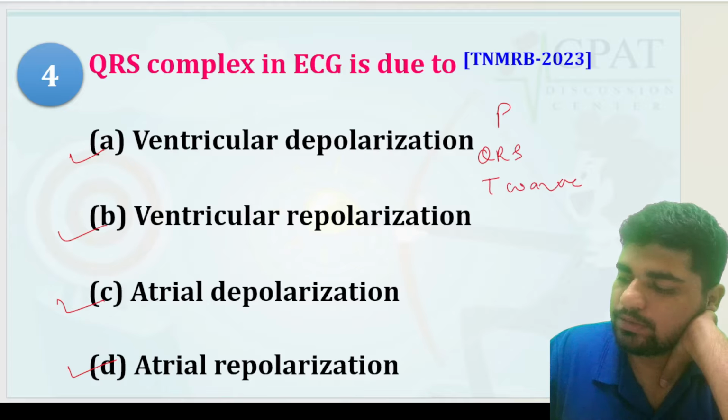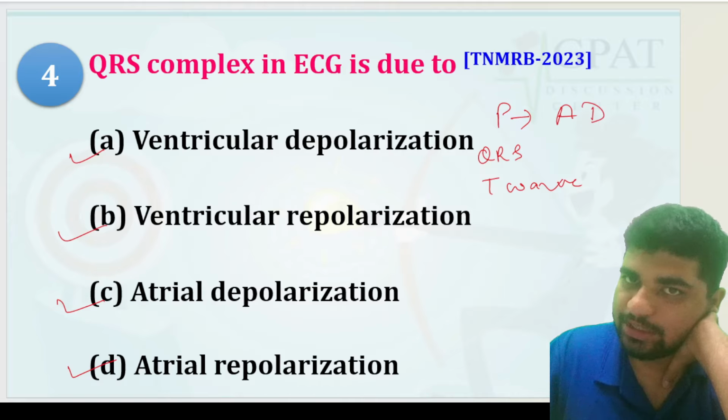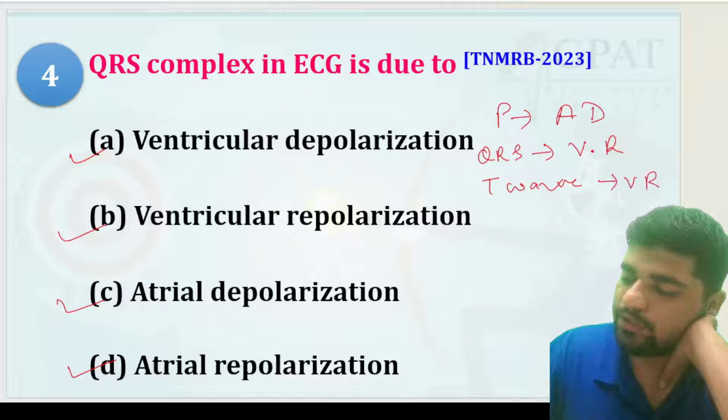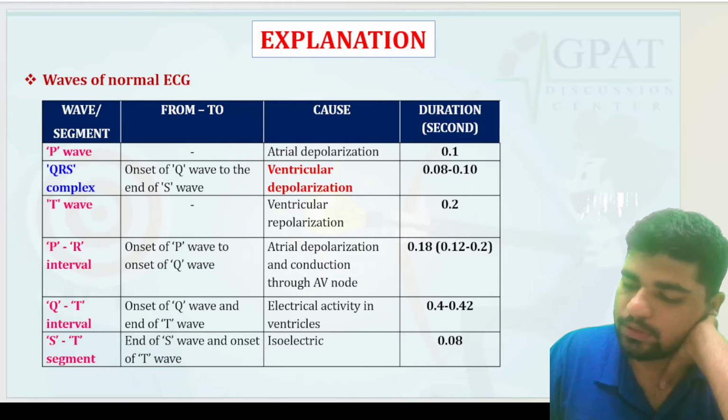The P wave is responsible for atrial depolarization, the QRS complex is responsible for ventricular depolarization, and the T wave is responsible for ventricular repolarization. Next question.